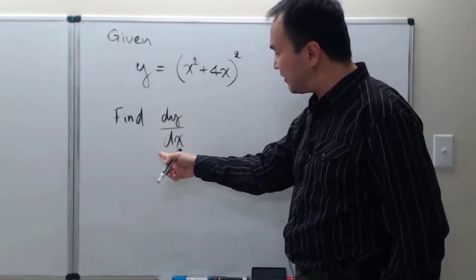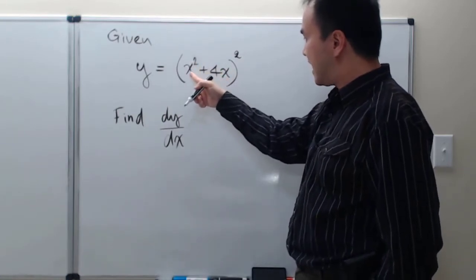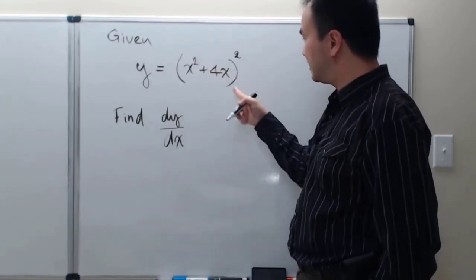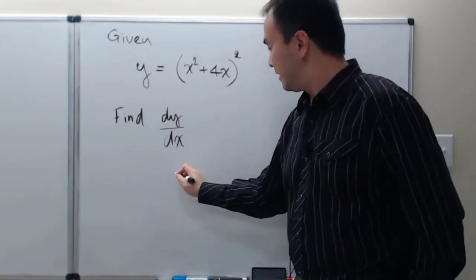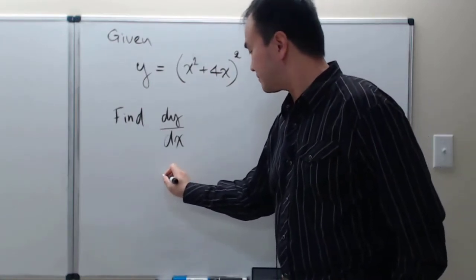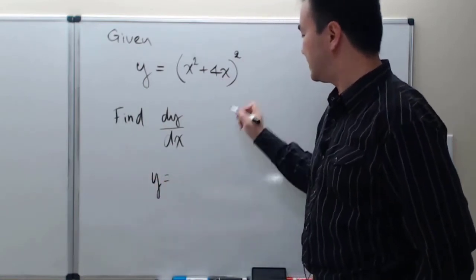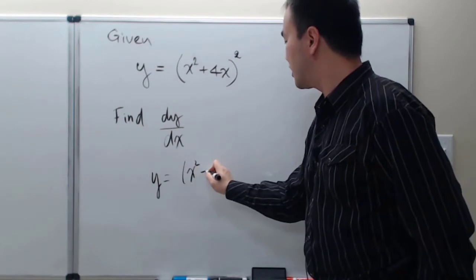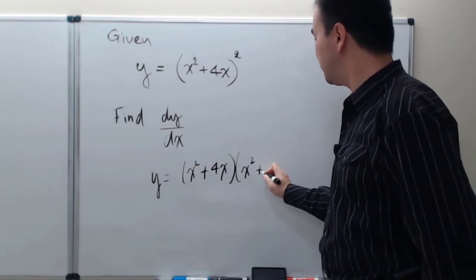So before I even find dy dx, notice how my x squared plus 4x is inside a square power. A good start would be to rewrite my expression here as x squared plus 4x times x squared plus 4x.